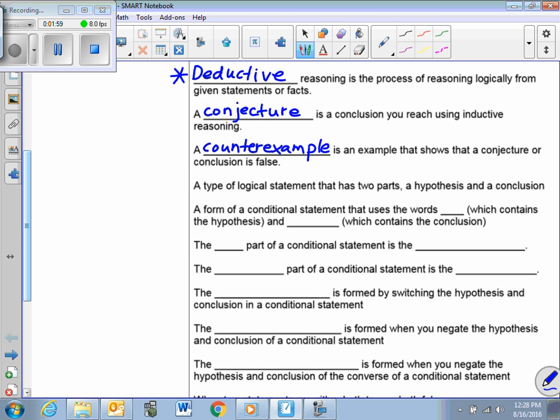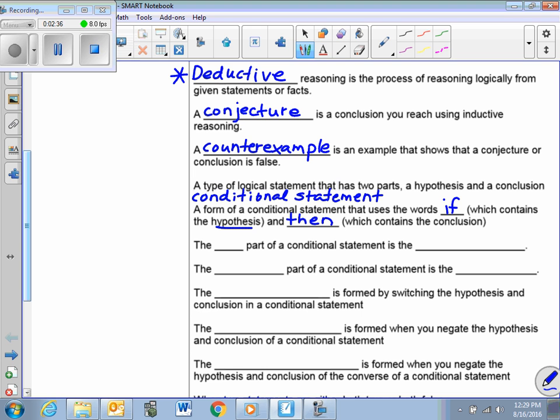A type of logical statement that has two parts, a hypothesis and a conclusion, that's our conditional statement. So the statement will be if something, then something. The if part contains our hypothesis and the then part of the statement contains the conclusion. So if it is sunny outside today, then I will go to the pool this afternoon.